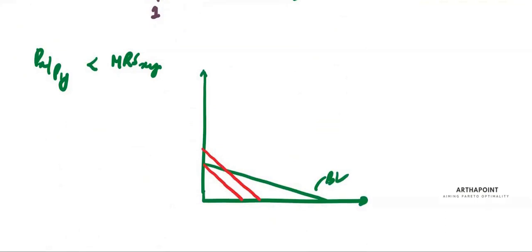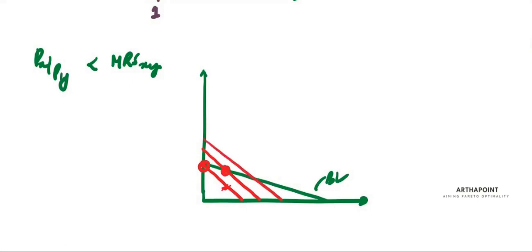Now I ask a very simple question. Which is the highest indifference curve that you can reach while you stay within your budget, while you spend money within your income level? Is this the indifference curve? The answer is, I can go on a higher indifference curve. This spends some part of my income. It's on my budget line, but I can go higher and still be on my budget line.